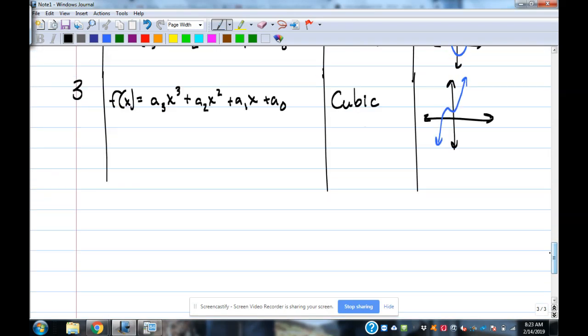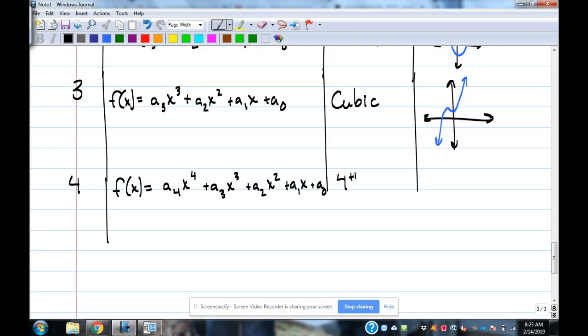If we go to degree 4, f of x is equal to a sub 4 x to the fourth, and go all the way down to a sub 0. We normally just call this a 4th degree polynomial. It does have a name, and it's very seldom used.